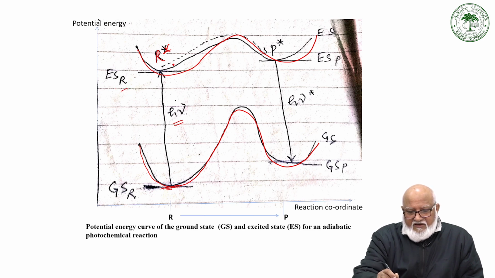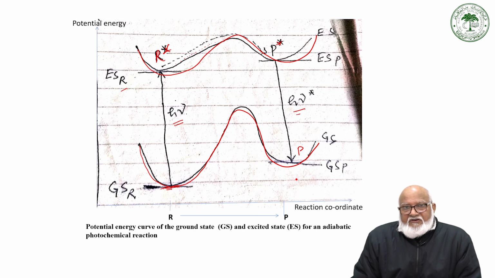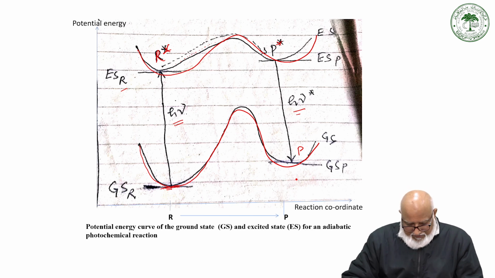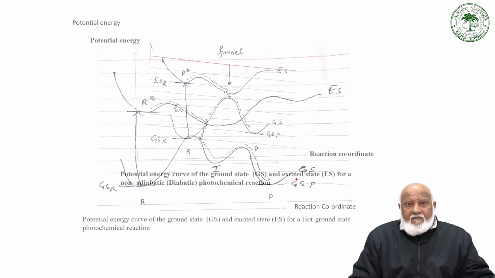The reactant in the excited state moves on the surface of the excited state curve and then transforms into product P star, the excited state of the product. Now this loses light h nu star and comes back to the product in the ground state. When the reaction proceeds like this, these reactions are known as adiabatic photochemical reactions. A second type of photochemical reaction can be further explained accordingly.